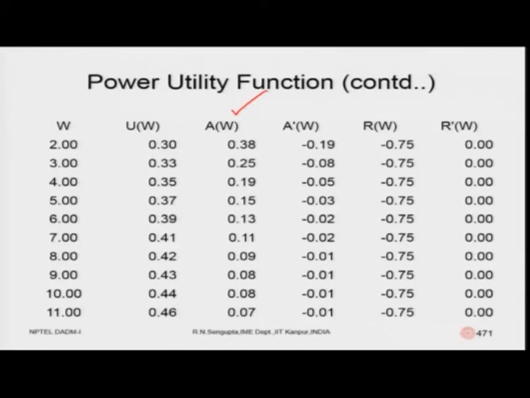Given this u prime and u double prime, you can immediately calculate a, and then you can find out r, and given a and r you can find out a prime and r prime. So, let us double check the r prime as per the calculation of the power utility function; they were 0. So, rightly so.